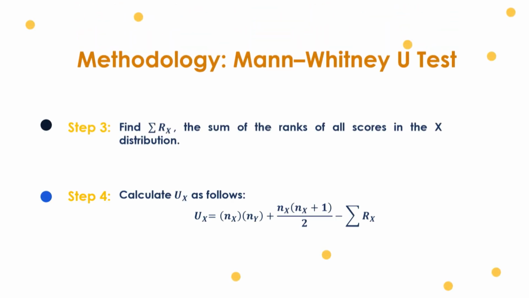Step 3: find the summation Rx, that is, we sum up all the ranks we have calculated for the x distribution, and we calculate the test statistic Ux, which is given by the formula nx into ny plus nx into (nx plus 1) by 2, minus the summation of the ranks we calculated earlier.